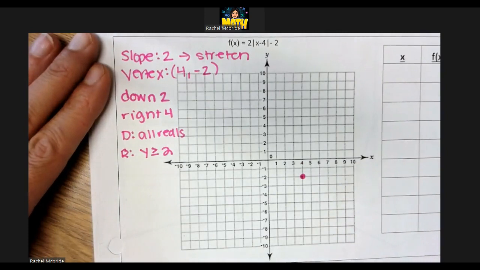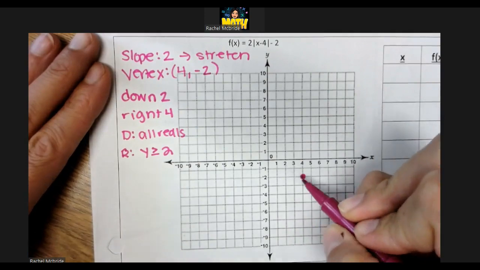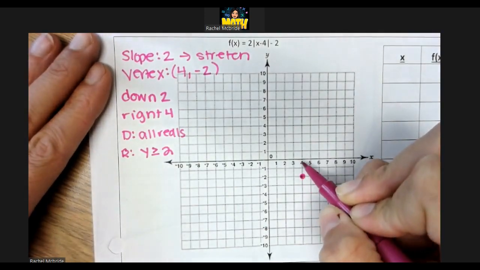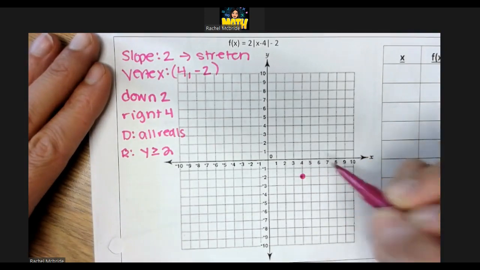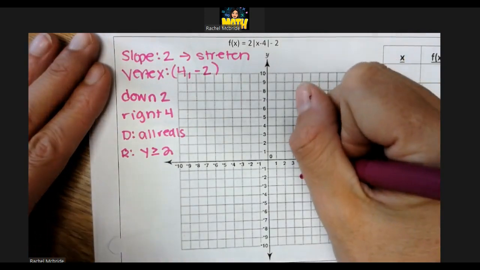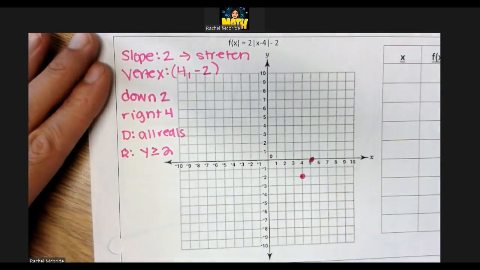Give me the ordered pair. So my vertex is at (4, −2). My slope is 2. What's the next point I'm going to plot? Perfect. My graph is symmetric. Calvin, pick on someone.